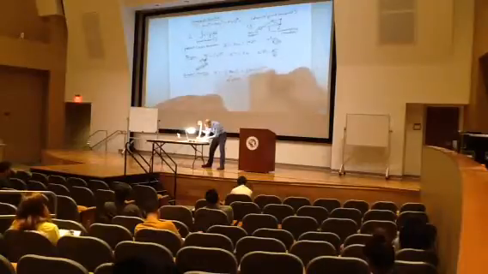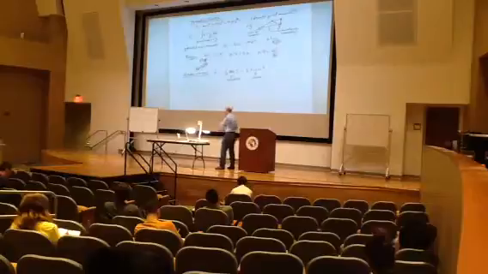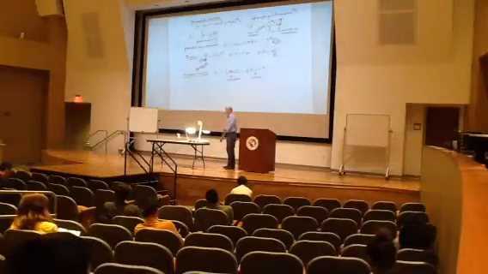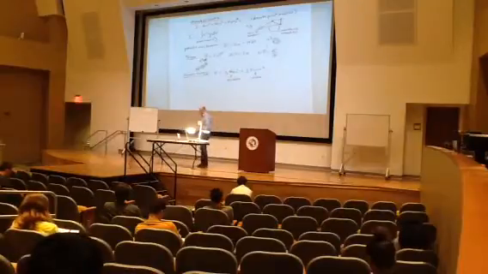So this is for translation, and this is for rotation. Each of these terms contributes to the kinetic energy. So I can have a total kinetic energy, which has both translation and rotation.